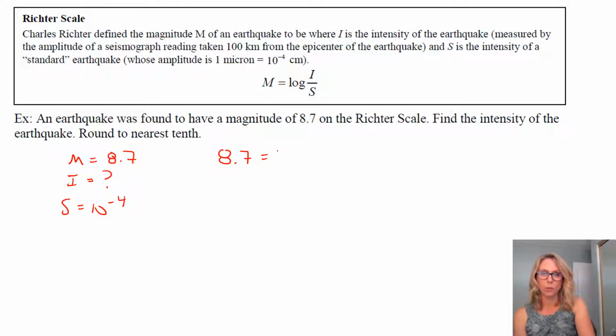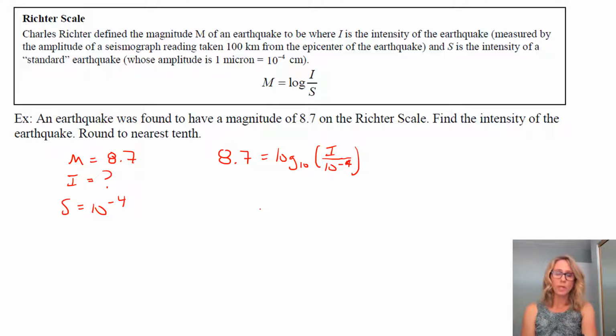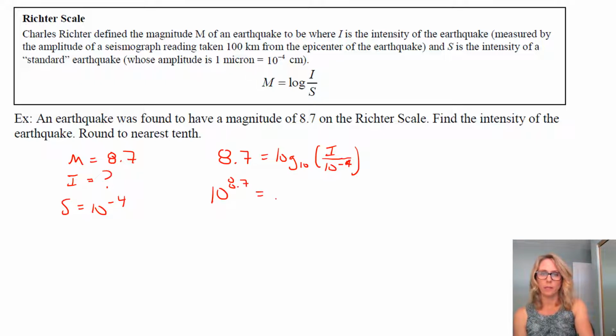So magnitude equals, and we have log. I'm going to write the base 10 just to remind myself that there is a base 10 there. I'm trying to find the intensity divided by our standard of 10 to the negative 4. Rewriting this tells us that 10 to the 8.7 needs to equal I divided by 10 to the negative 4.